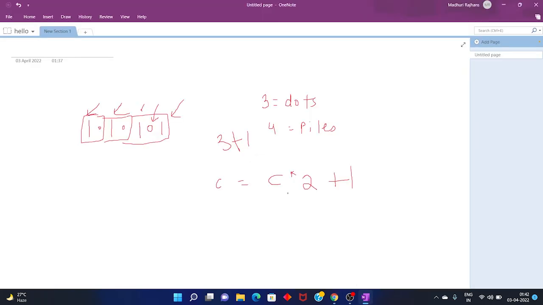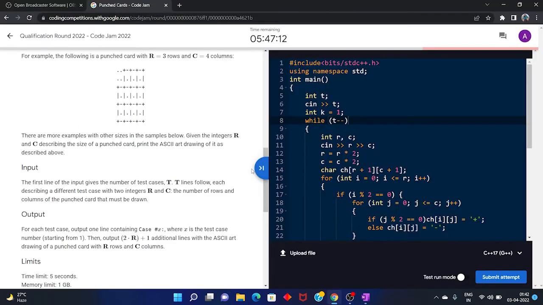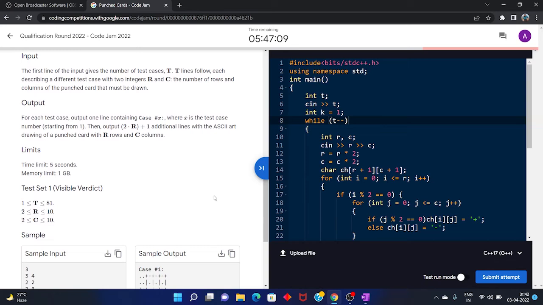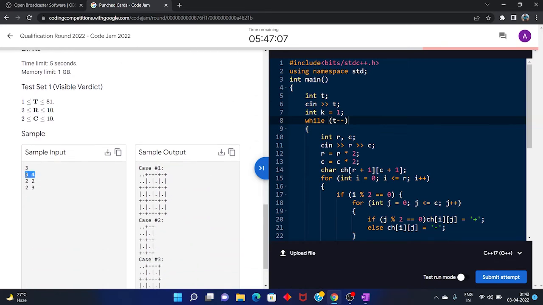So the rows will be R, which is given in the question, into 2 plus 1. These will be the required rows and columns of the matrix. You can verify this in each example. If I have 3 rows here, the answer will contain 7 rows, and if I have 4 columns here, the answer will contain 9 columns. You can count here, it is 9.